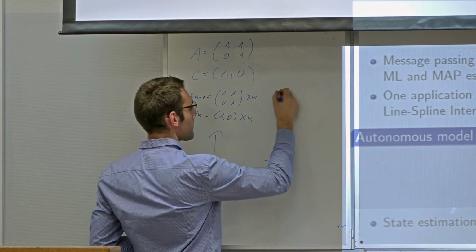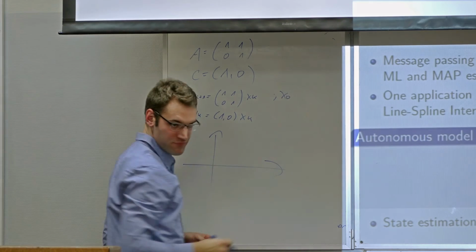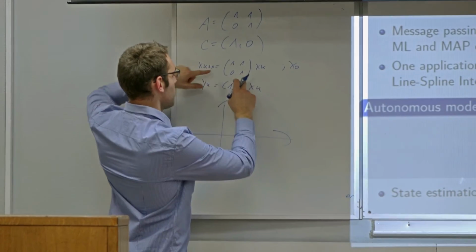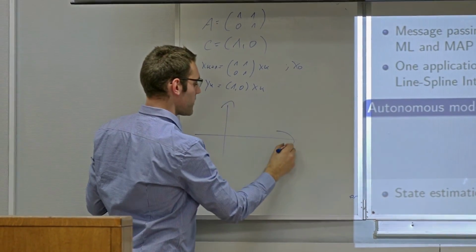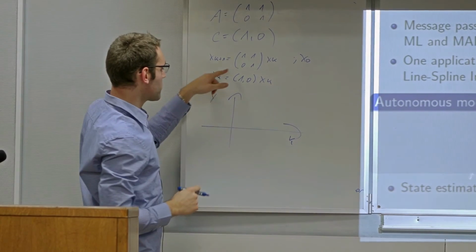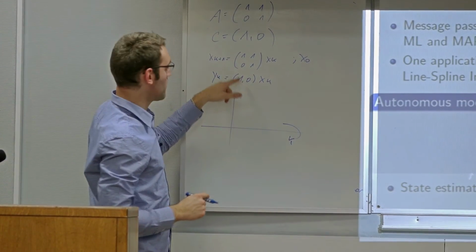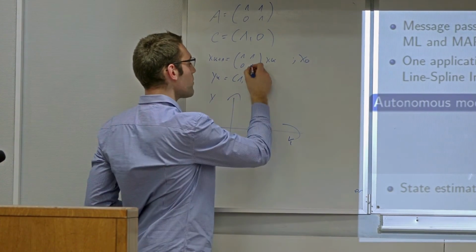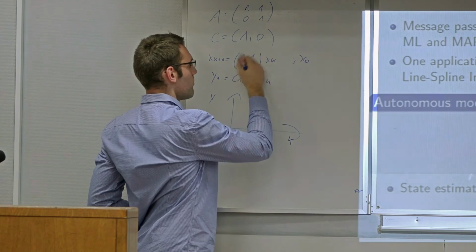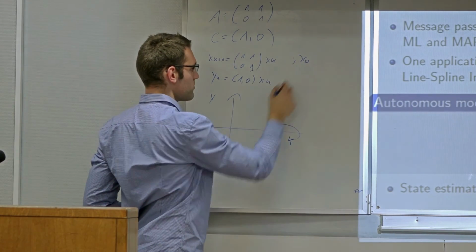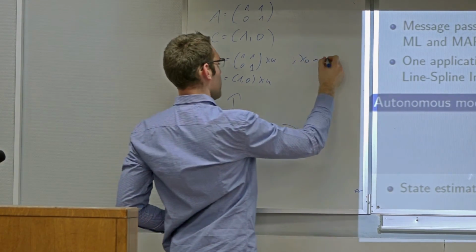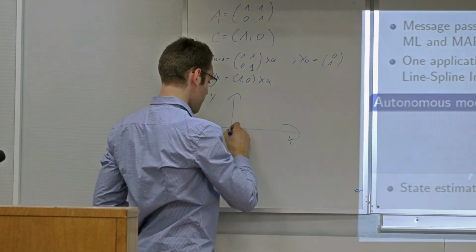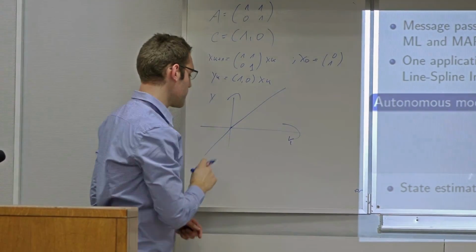And I have obviously in my initial value problem some x_0. This means that I observe, this is my index k, this is my y, I observe my first state, and this is my slope, how the line goes up, and this is my offset. So basically, with a given x_0, let's say slope 1, we have this line here.